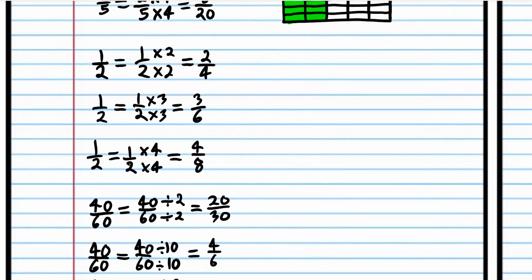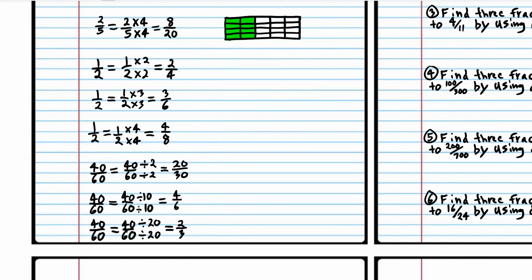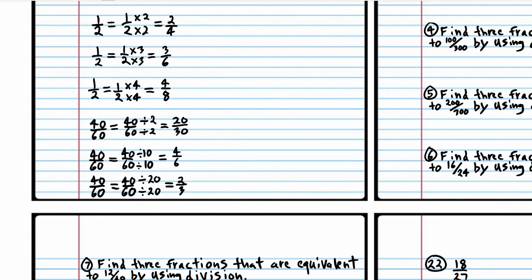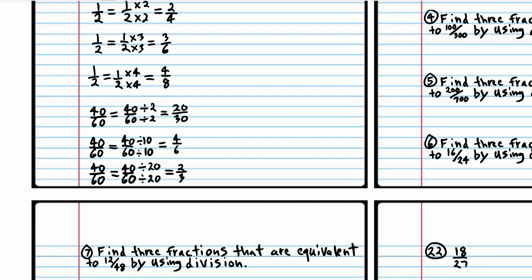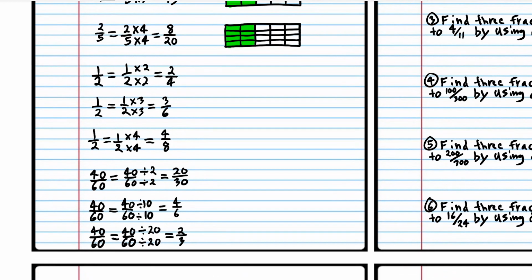Now, I just want to discuss an important principle here. If you can multiply both sides of the fraction and get an equivalent fraction, then it stands to reason that you can divide both sides, because division is just the opposite. In other words, if you want to go from 1/2 to 4/8, can't you go backwards? Can't you go from 4/8 back to 1/2?